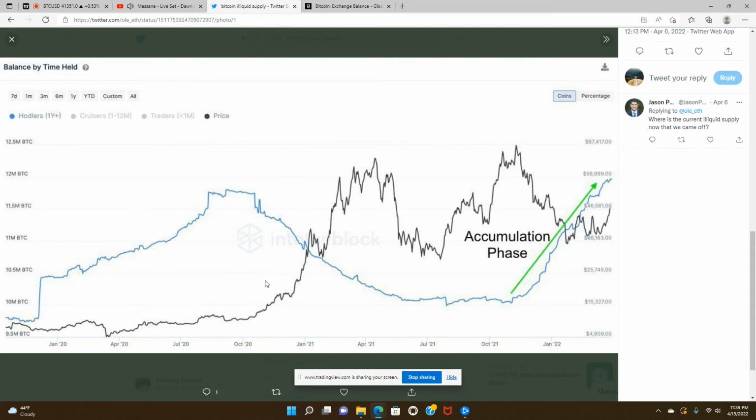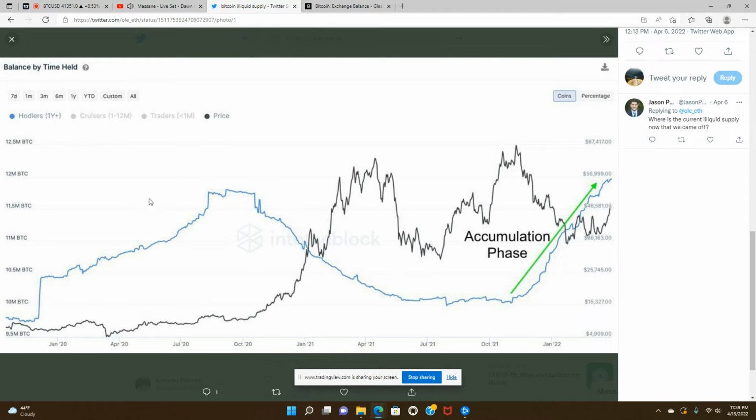And there's this interesting Twitter post I found. Some of the Glassnode data is very, very expensive. To get the professional level data feed, you need to pay $900 a month. It's a price I'm not really willing to pay, but it is interesting to see some of these guys post stuff. You got this guy on Twitter posting Bitcoin by time held, and this breaks up the wallets into the time held.